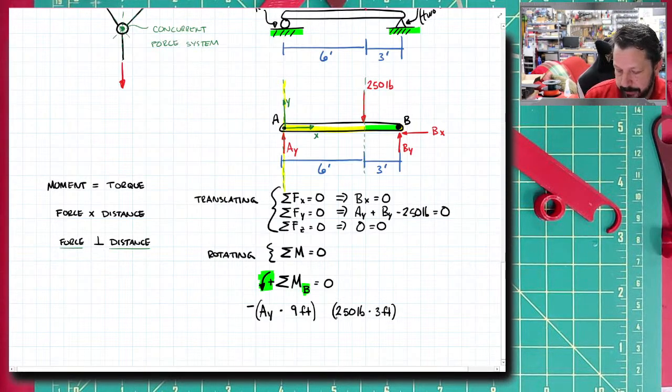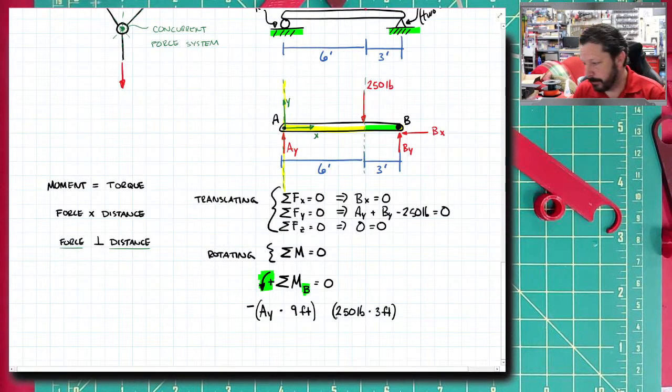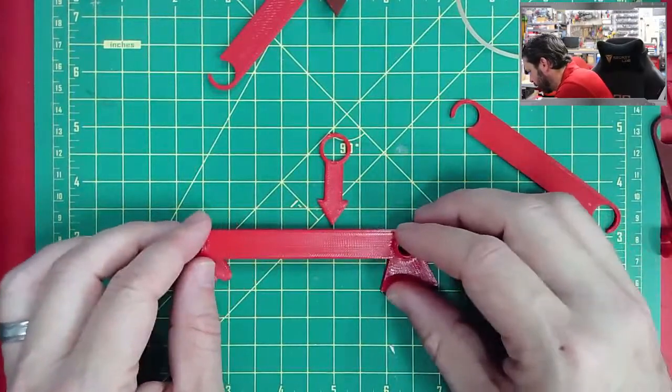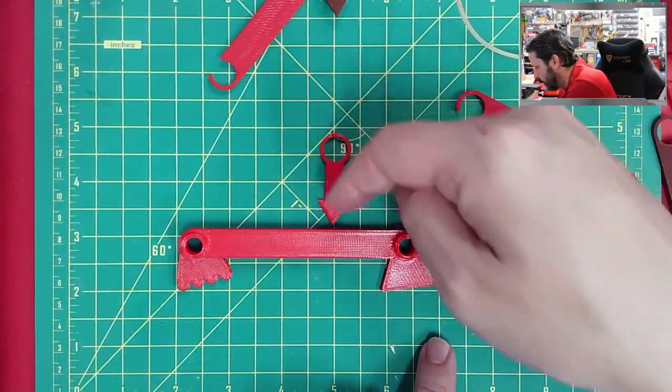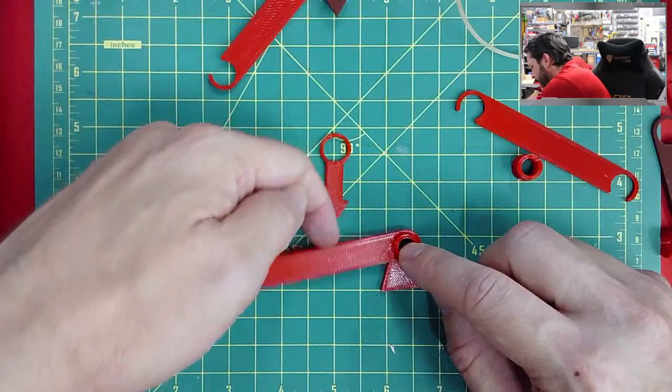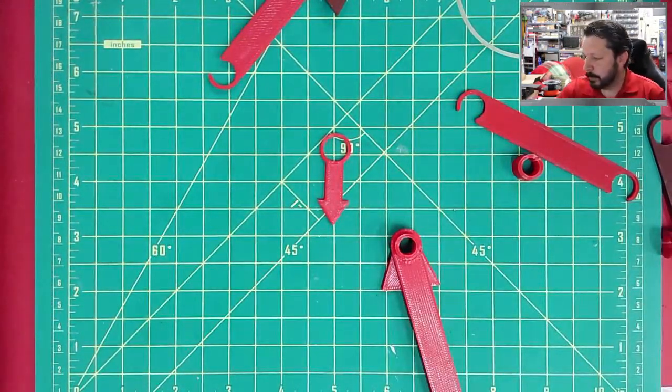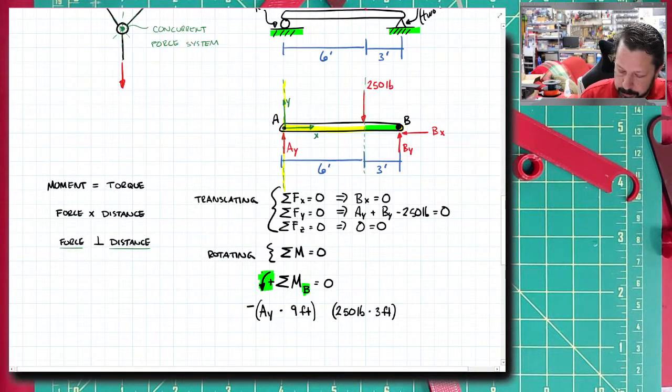I've got to decide if that term is positive or negative. So let's go back to horizontal here. The force, 250 pounds, is pushing this way. That goes around counterclockwise. The body moves counterclockwise around point B. I said that counterclockwise was a positive term, so this gets a positive term.